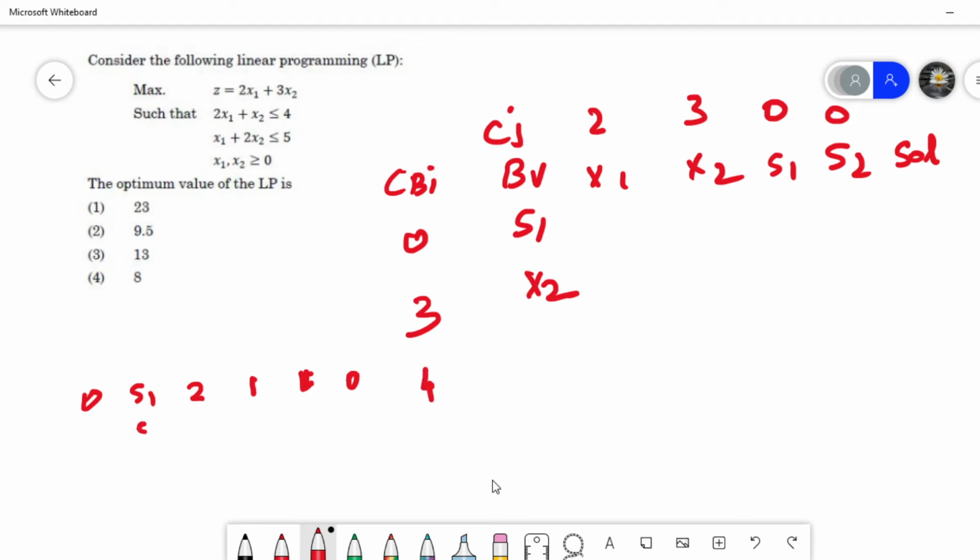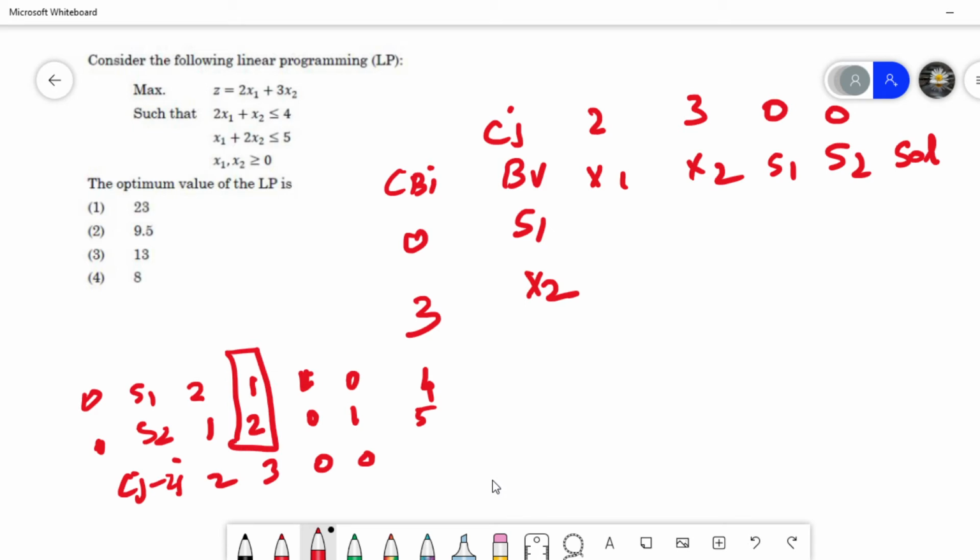Next is 2, 1, 2, 0, 1, 5. Okay. Then Cj minus Zj, 2, 3, 0 and 0. So this is our key column. This is our key row.